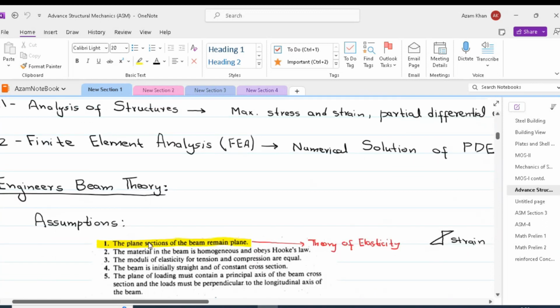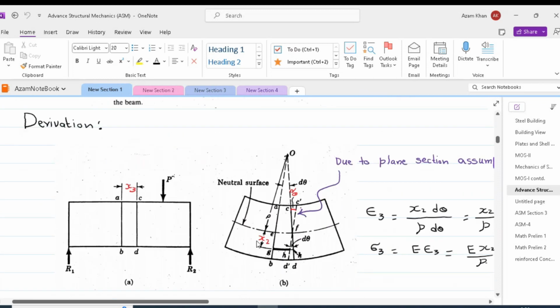And implicit in this assumption is the idea that AB, after application of the load, will still stay perpendicular to the neutral axis.